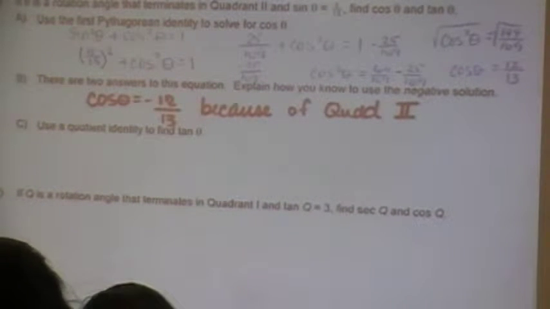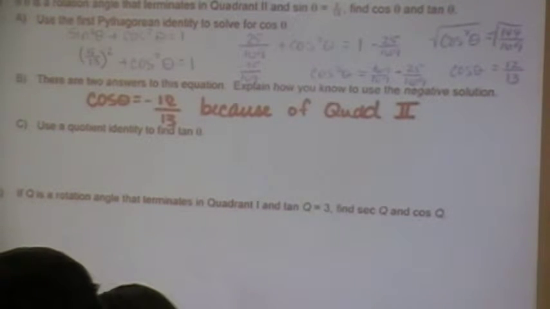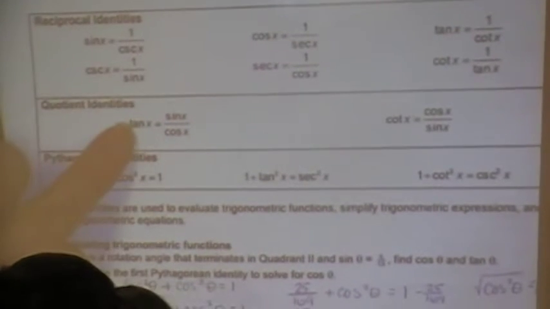Now it says to use the quotient identity to find tangent. Here's my quotient identity: tangent equals sine x over cosine x. I just found cosine x, and they gave me sine x in the original problem. So I'm going to use tangent of theta equals sine theta over cosine theta.